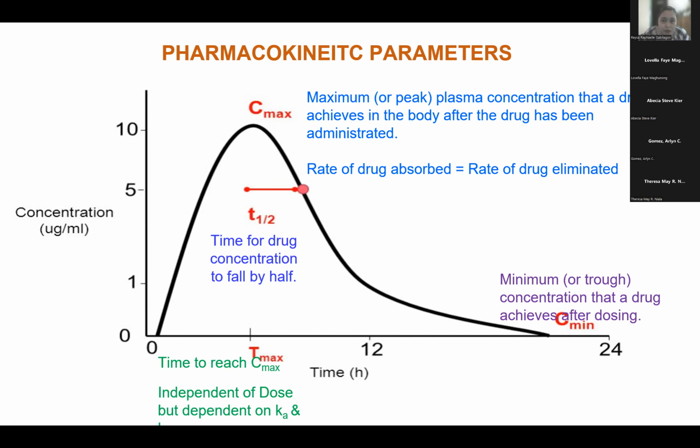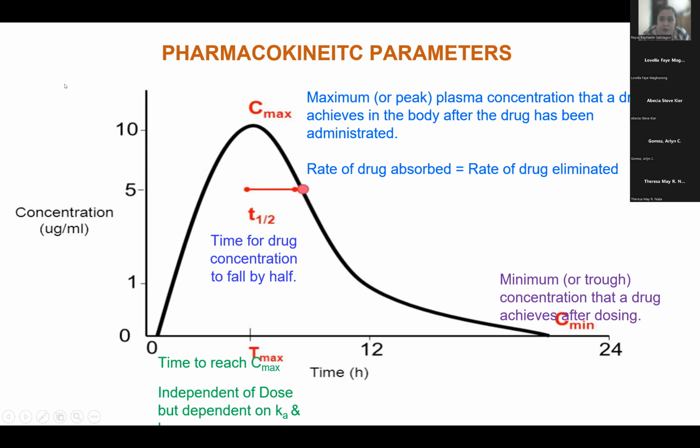Now, these are the so-called pharmacokinetic parameters that Sir discussed a while ago. We have here the following. So, we can illustrate it using the graph. We have this graph, time versus concentration. So definitely at 0 time, there is no drug yet, but after administration, you will see the graph going up until it reaches the Cmax.